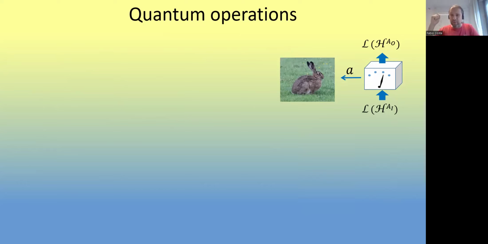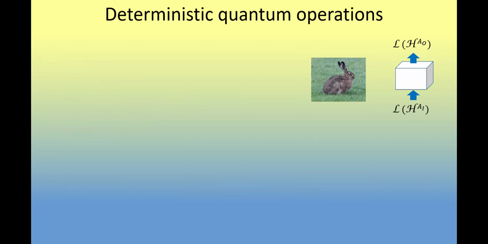A very particular example we're all familiar with is a projective measurement. So our system comes in, we project it with the state, and then we prepare the same state. Note that I'm not renormalizing the state. So M_A of rho represents the non-normalized output of our operation. As a particular case, we should consider deterministic operations. So those where we don't see any outcome, or we can say there is just one possible outcome, and it happens with probability 1.